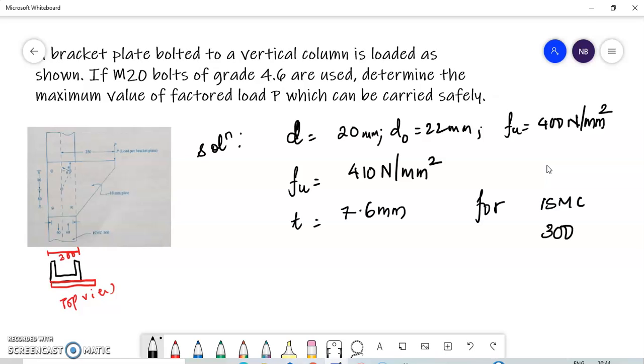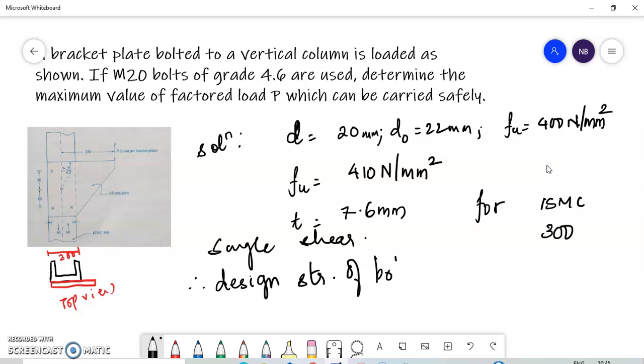So continuing with the problem, we know that this is a lap joint between the C section and the plate. That means they are overlapping each other. Therefore, the bolts are in single shear. Therefore, for the design strength of bolts in shear, I am calculating the design strength directly and not the nominal strength.